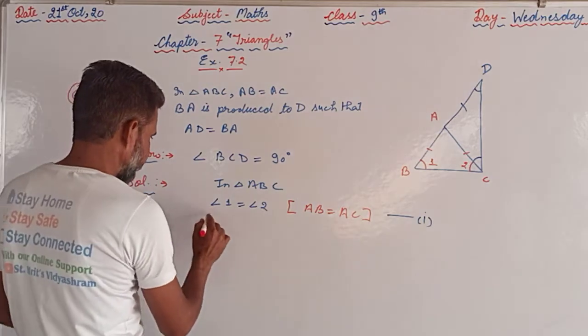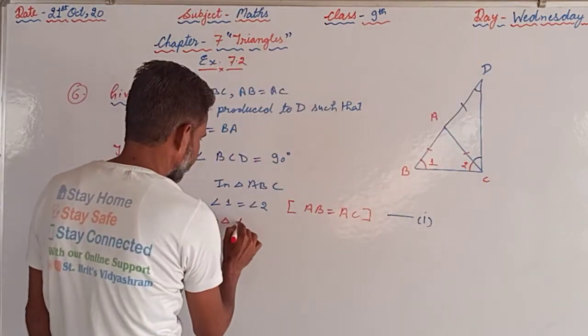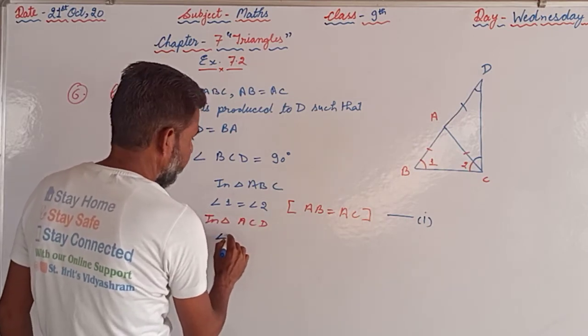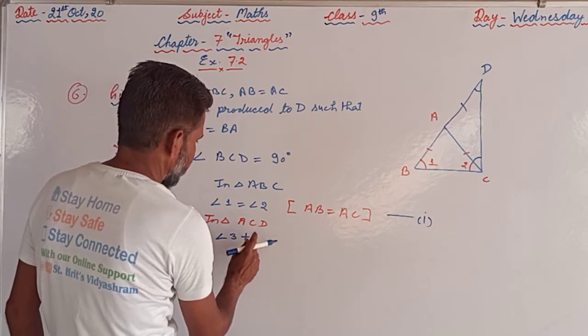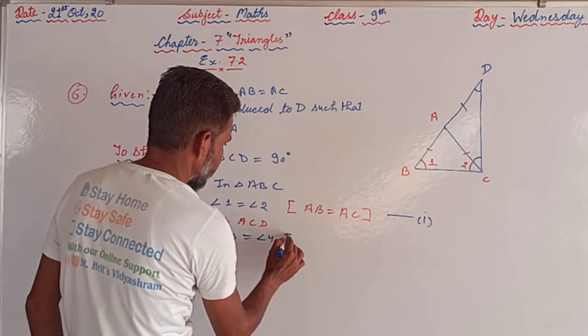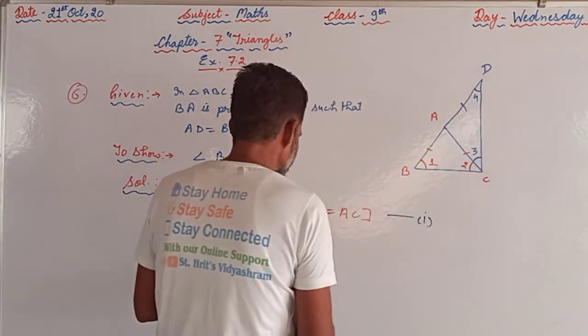Now in triangle ACD, angle 3 is equal to angle 4. Suppose this is angle 3, this is angle 4. Why?